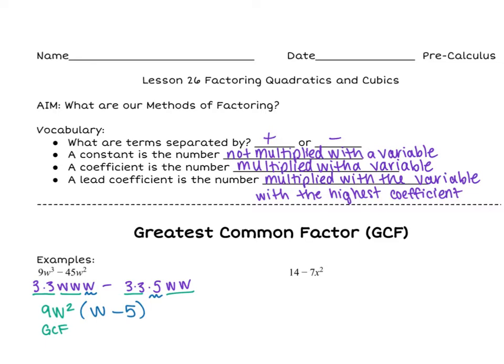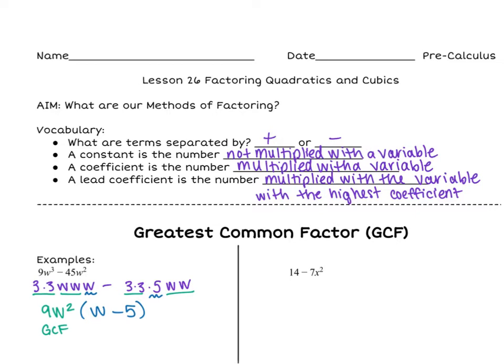And the way you could always double check your work would be to multiply the greatest common factor back with each of the terms and make sure it gives you the original problem. Now, you do not have to do this extra step if you can find the greatest common factor in your head, but if you're ever stuck, feel free to write down the prime factors.